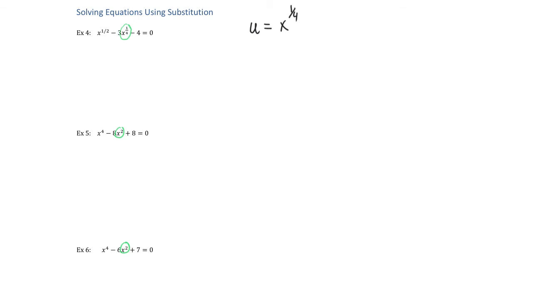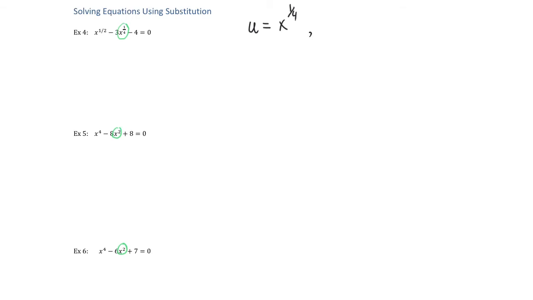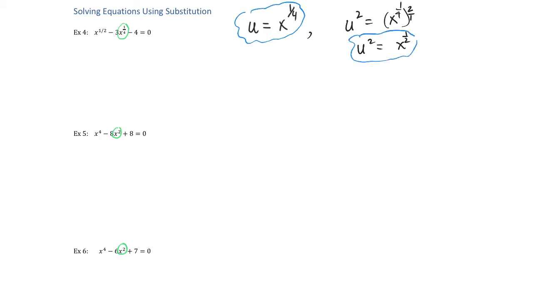Okay, so then if I squared both sides there, that would give me that u squared is equal to x to the 1/4 squared. When you have a power to a power, you get to multiply. So you'd have that u squared is equal to x to the 2/4, which is just x to the 1/2. So these are going to be the things that we substitute in. Anytime I meet x to the 1/4, in goes my u. Anytime I meet x to the 1/2, in goes my u squared.